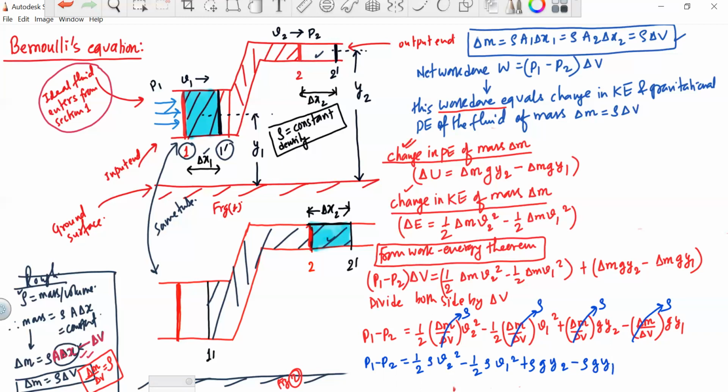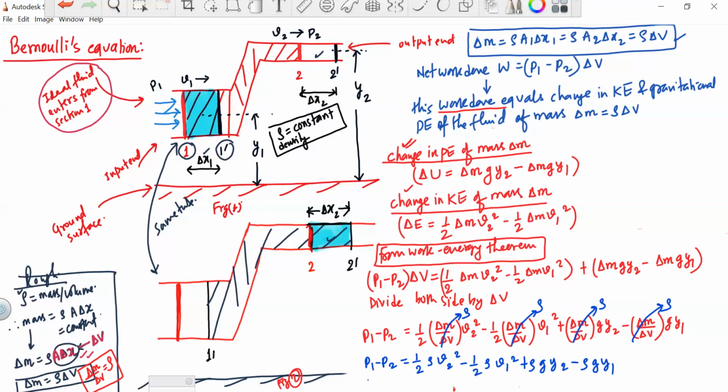Now let us arrange the terms in such a way that we have the terms containing P1, V1 and Y1 on one side, and the terms containing P2, V2 and Y2 on the other side.